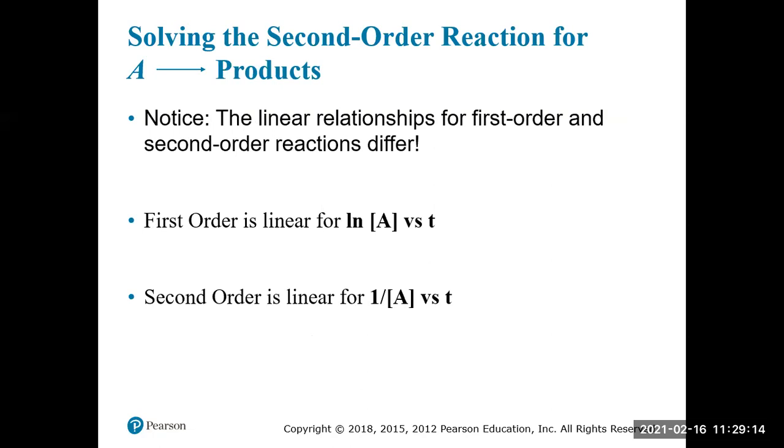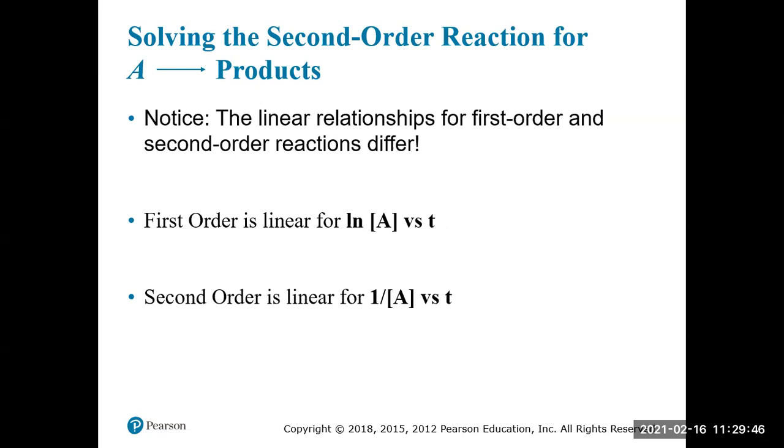So if we compare the first order and second order reactions, when we did the first order, the linear plot had natural log of the concentration on the y-axis and time on the x-axis. If we plotted our data that way, then we got a straight line, and that would tell us it's a first order reaction.